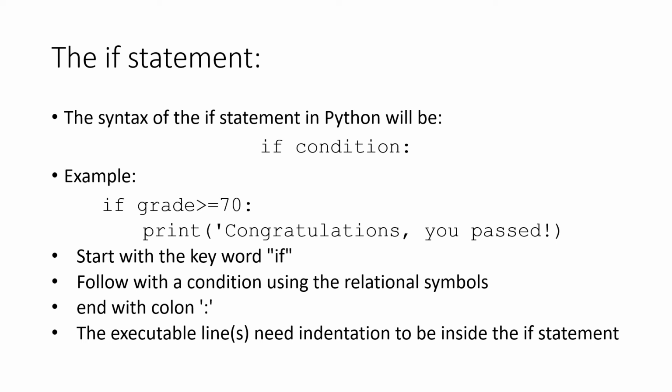Whatever is in the next line needs to be indented. If it's not indented, it's not considered inside the if, so you're going to have issues. And it is very important that you use the same symbol or the same keystroke to indent. I recommend that you use the tab key consistently every time that you want to indent.